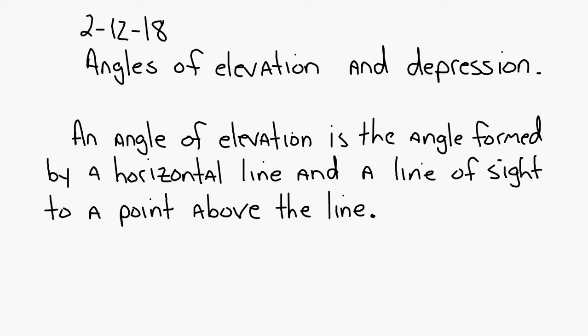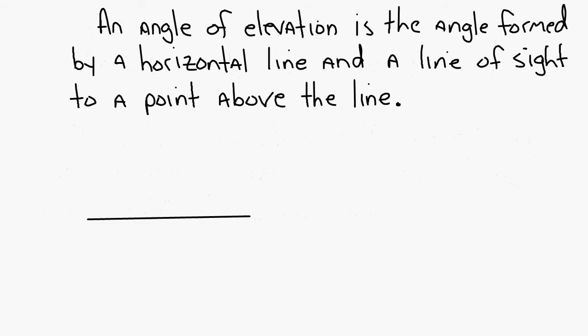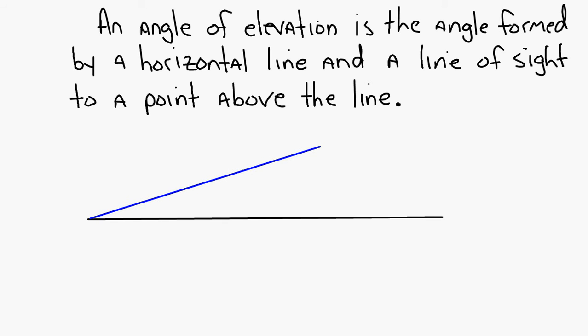So if you had a horizontal line or the ground, and then you are looking up at something above the line, then that angle that's formed right there is called an angle of elevation. Pretty clear?